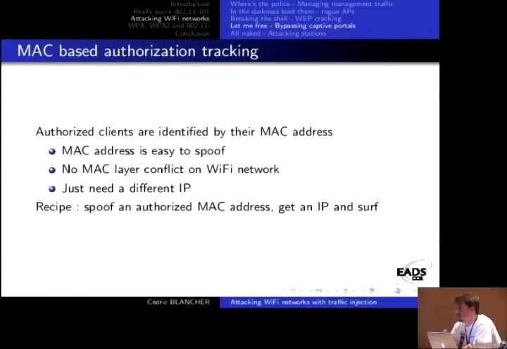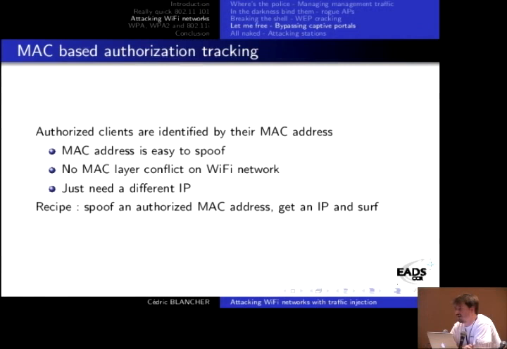So the guy is authenticated, you grab his MAC address, and then you authorize any packet with that given MAC address to get out. All these tools were developed for wired networks, because on a switched wired network, MAC spoofing is quite difficult to achieve.